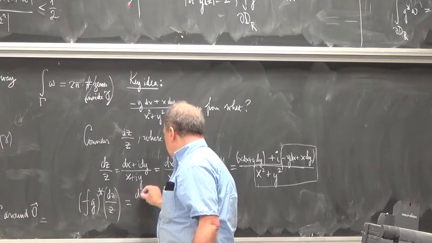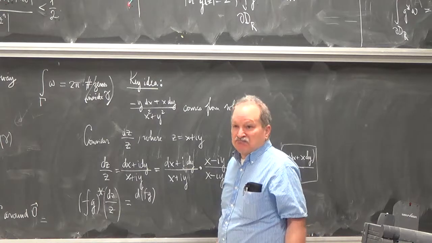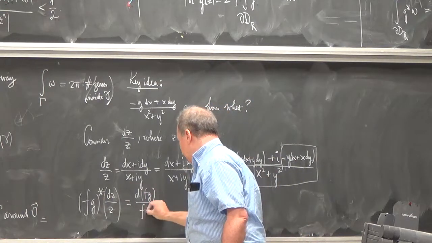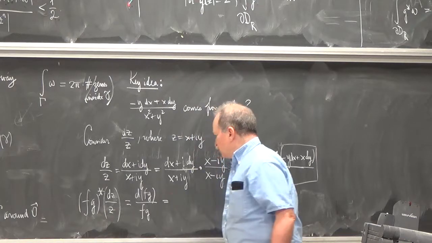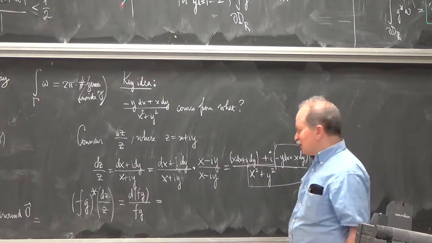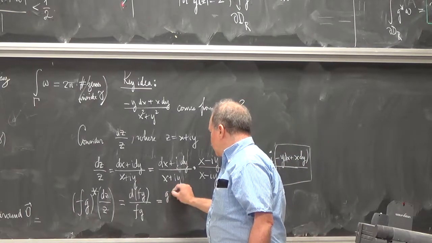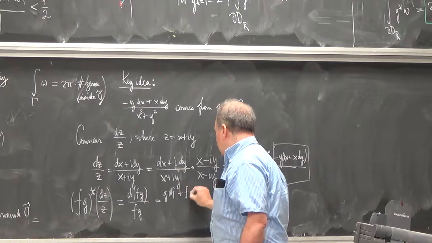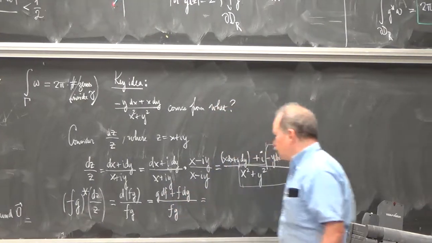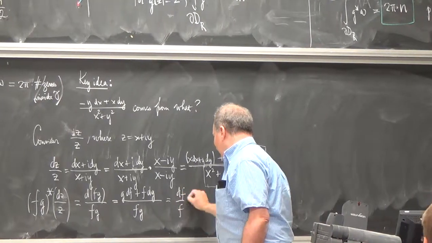Well, it's d of fg. Substitute z equals fg, and then I divide by z, which is fg. Product rule on the numerator. I get g df plus f dg over fg. Equals df over f plus dg over g.